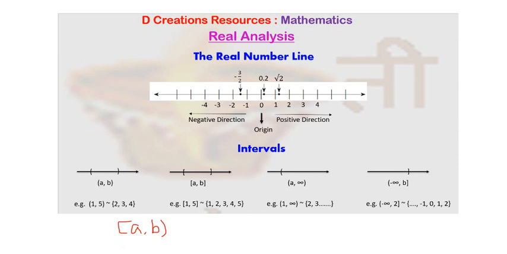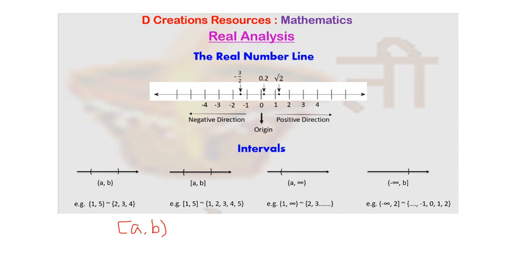So an interval, as you can see, tells you about this whole portion of the line in between. Depending on whether it is open or closed, the only change is whether the endpoints are included. If it is an open interval, endpoints are excluded. If it is a closed interval, endpoints are included.